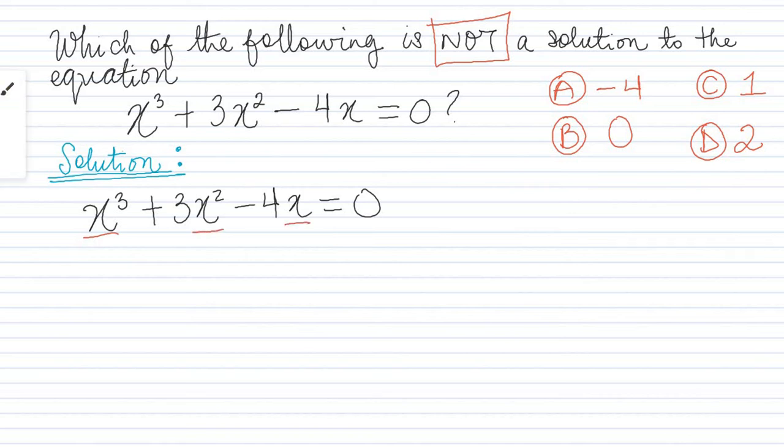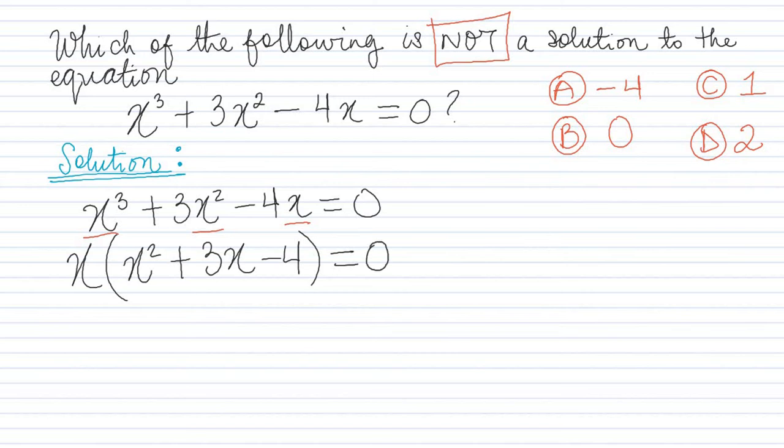The smart thing to do is to factor out x. So you have x, and then x squared plus 3x minus 4 equals 0. Factoring out x means we can have x equals 0 and x squared plus 3x minus 4 equals 0.